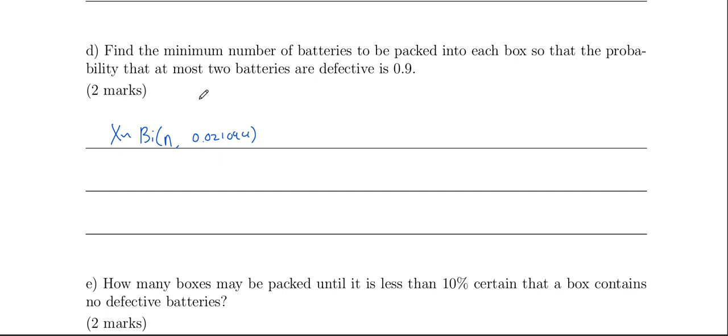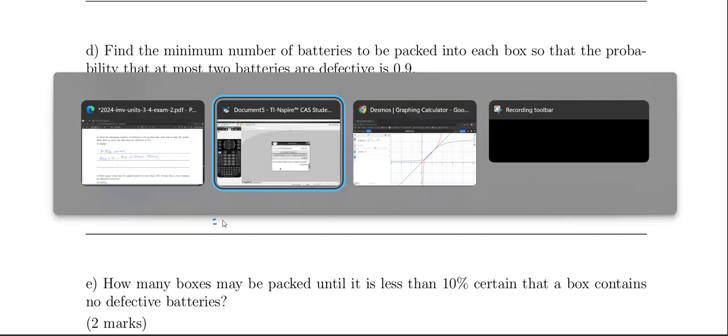Okay, so probability that at most 2 batteries are defective. So probability that x is less than or equal to 2, which is the probability x equals 0 plus probability x equals 1 plus probability x equals 2. I don't think we can put that into the calculator directly.